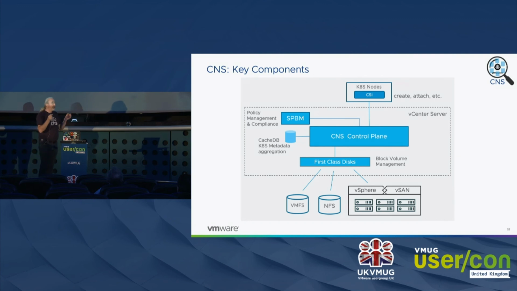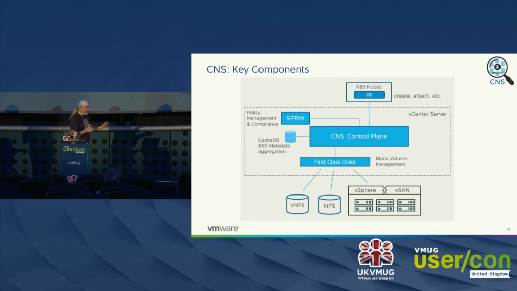So you can see that there was a need to be able to do operations on a per VMDK basis. This is what first class disks were about. They've been there since about 6.5, I think, but never really had a use case. This is the very first use case for first class disks, meaning that we can operate on Kubernetes persistent volumes individually. So just keep that in mind.